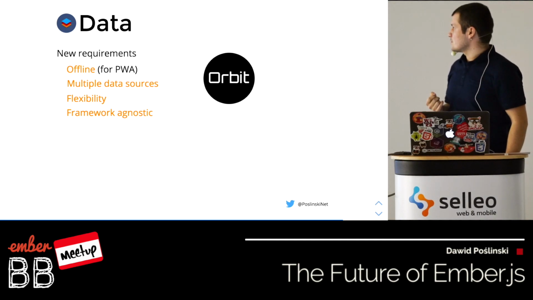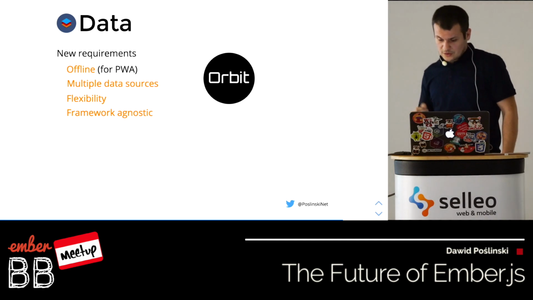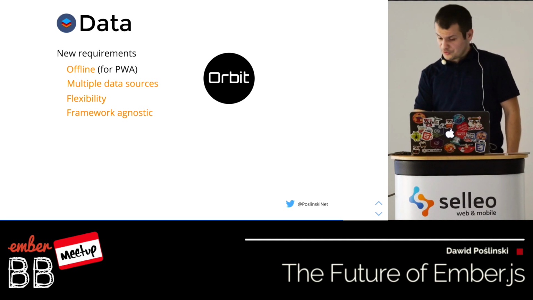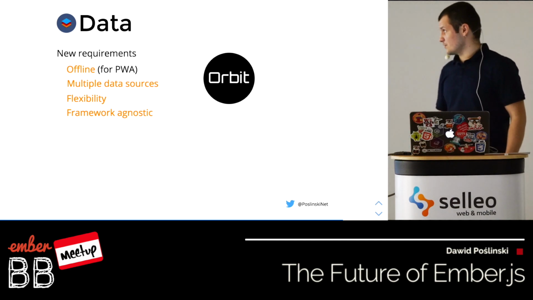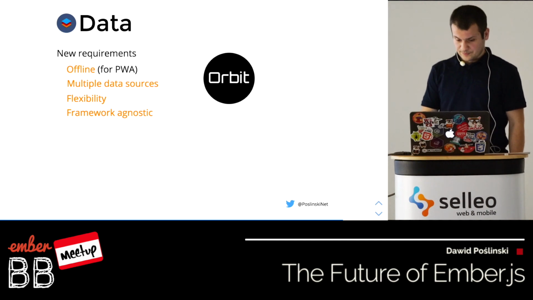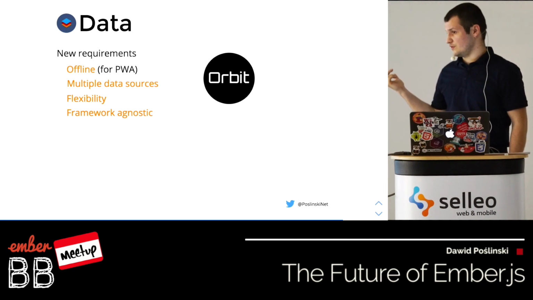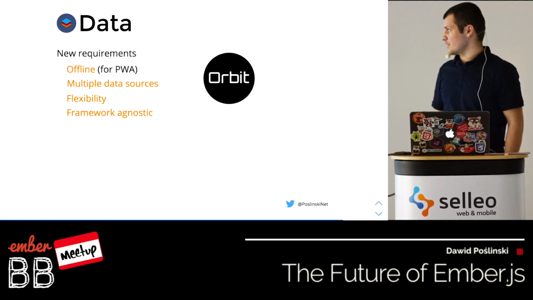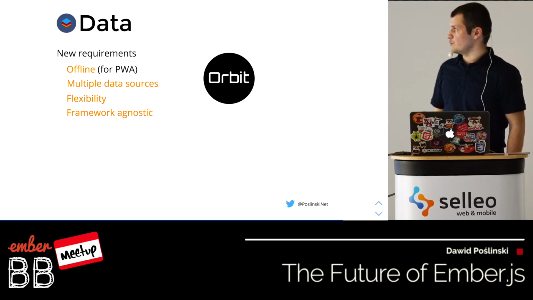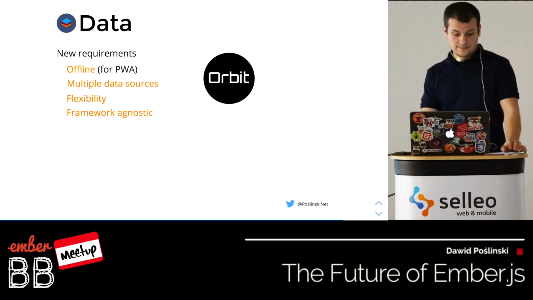And for instance, it takes care of offline modes, multiple contexts, data conflicts related to offline mode, stuff like that. And Orbit is not an Ember-dedicated solution. It's more like a general purpose solution that can be connected with React, Vue, or Angular.